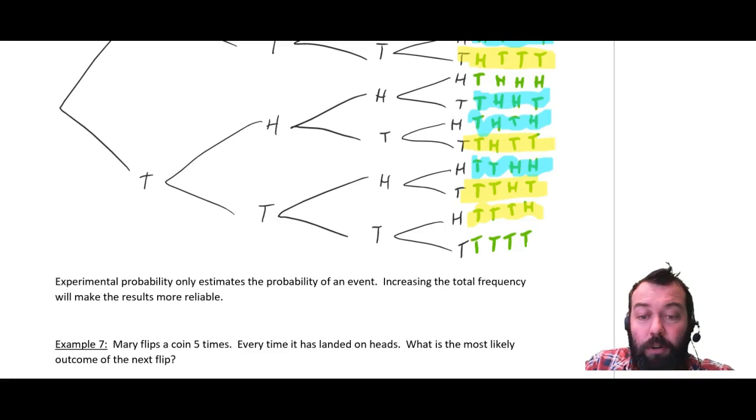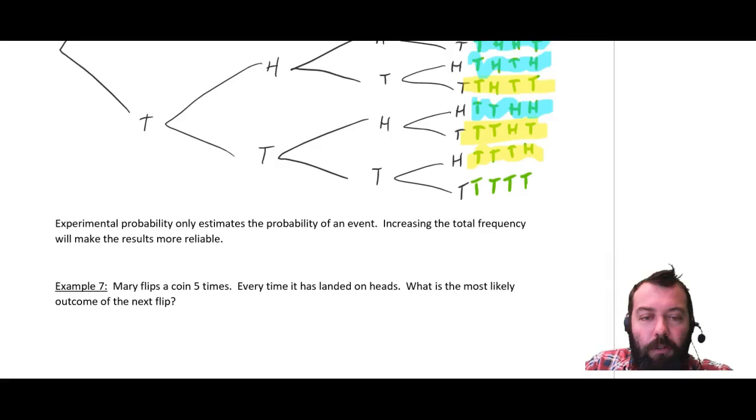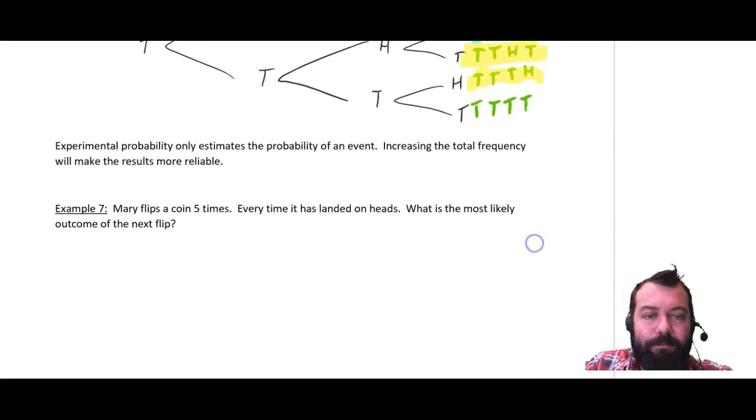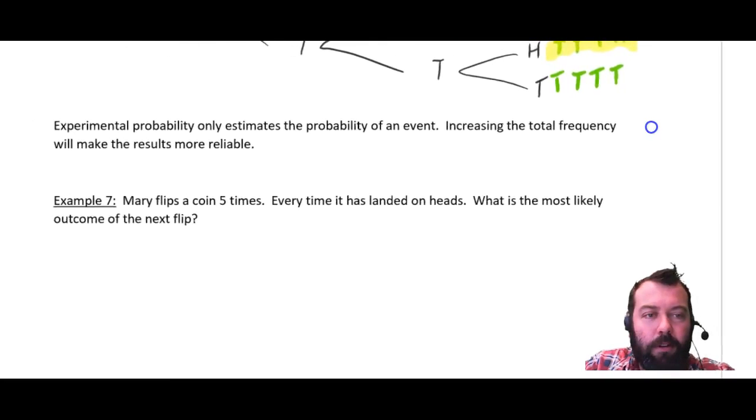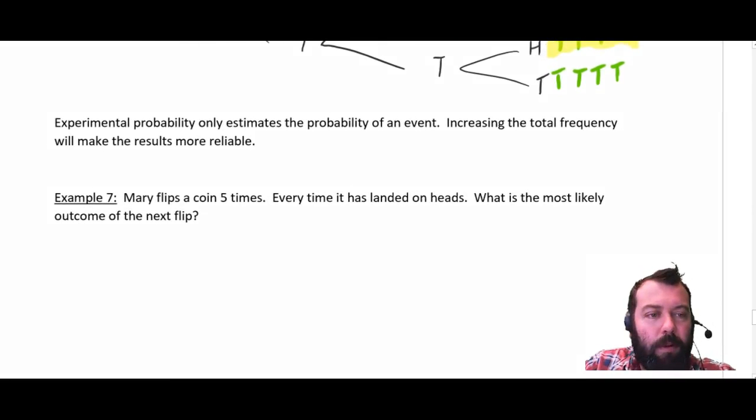So here we go. Mary flips a coin 5 times. Every time it's landed on heads. What is the most likely outcome of the next flip? Well, this is called the gambler's fallacy, I think. And you might see people playing two-up on Anzac Day or betting on the roulette wheel perhaps at the casino when you get old enough. And you might see people make this decision: well, there's been a lot of heads, it must be due for tails to come up and even it out.